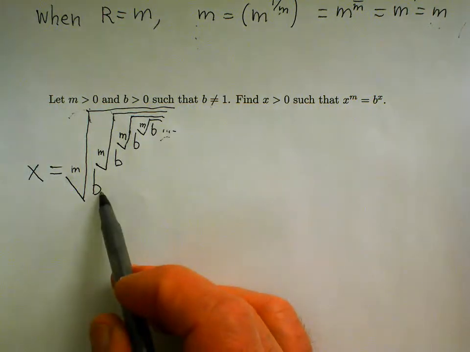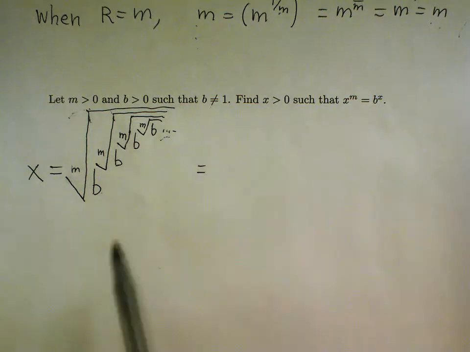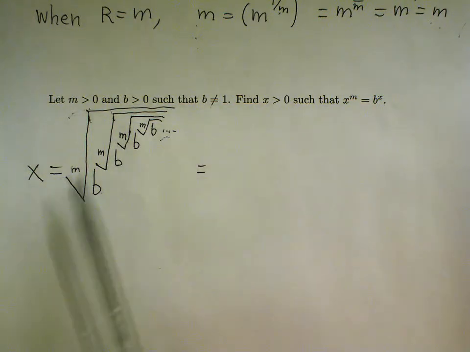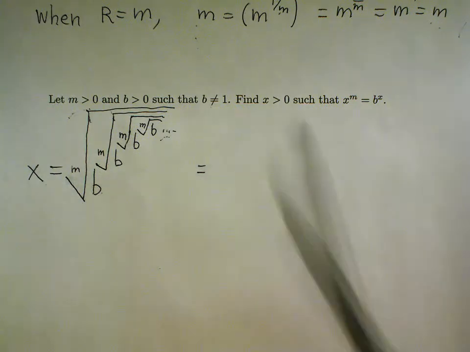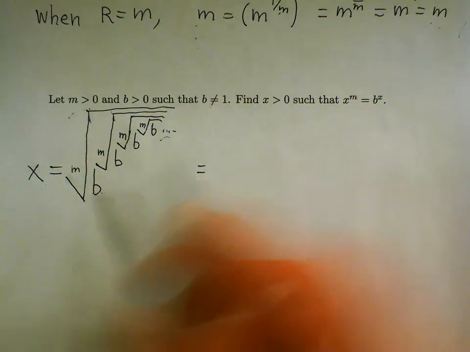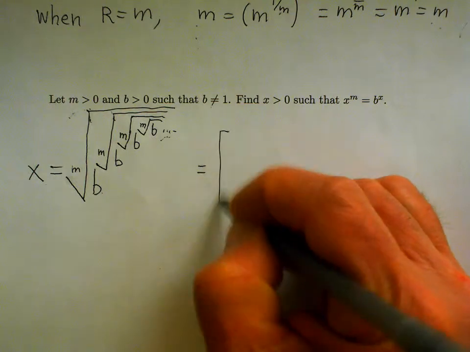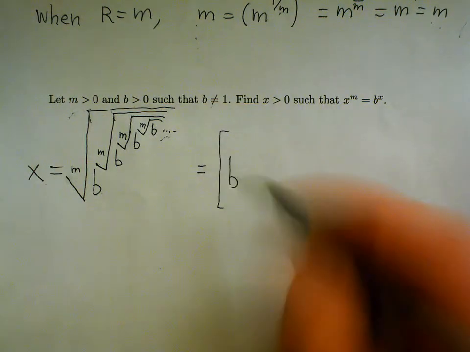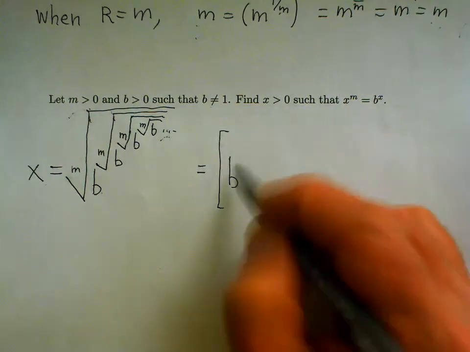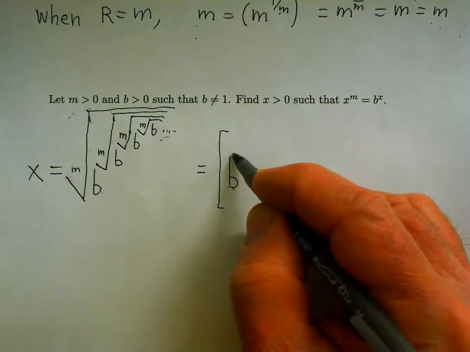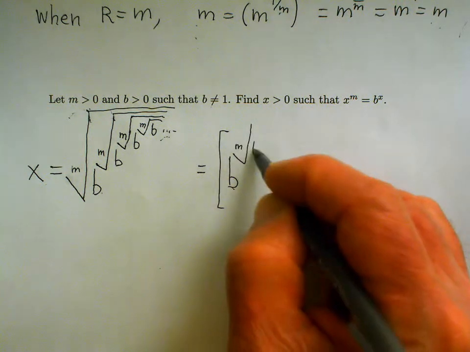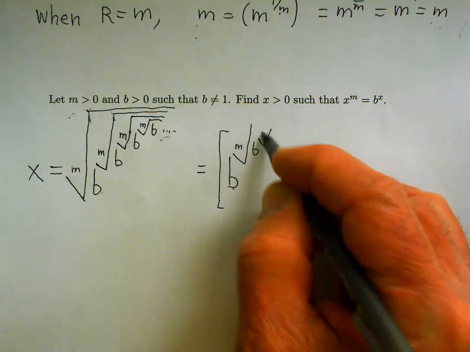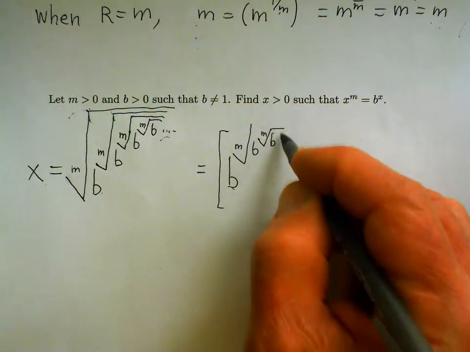Using properties of exponents, or also a property of radicals, the mth root of something, so the something is b raised to this exponent. So I'll just put a few of those in. The mth root of b raised to the mth root of b, and so on.